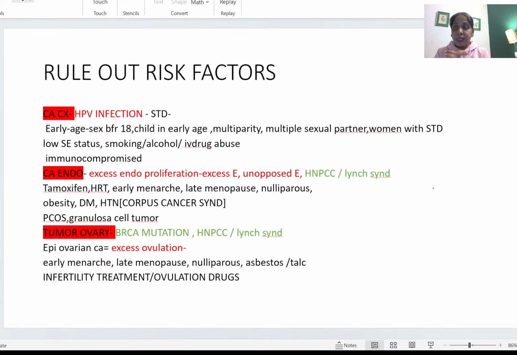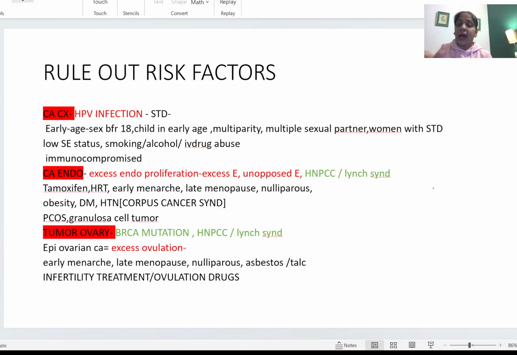HPV is only transmitted from male to female during intercourse. HPV is an STD. So the more sexual activity the female has, the more HPV is transmitted.